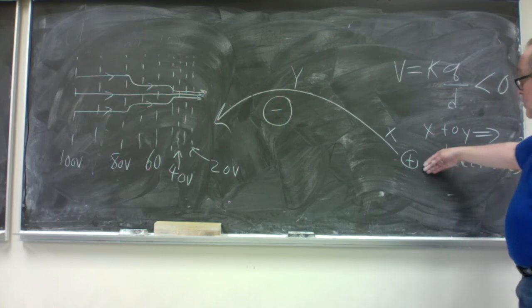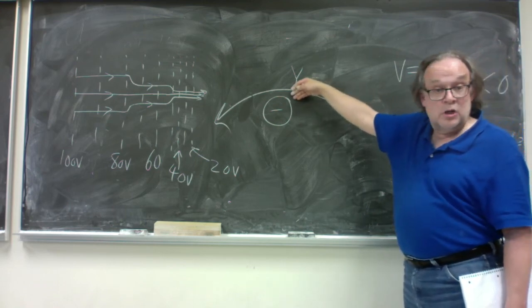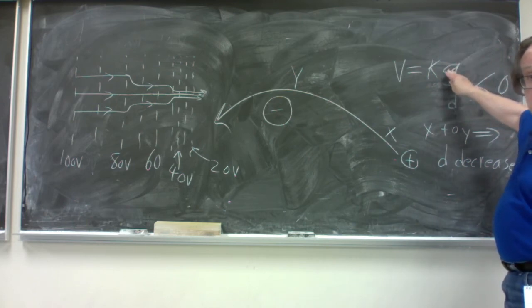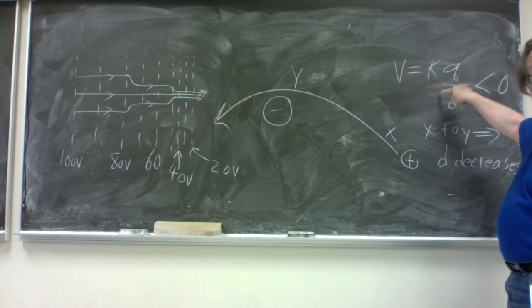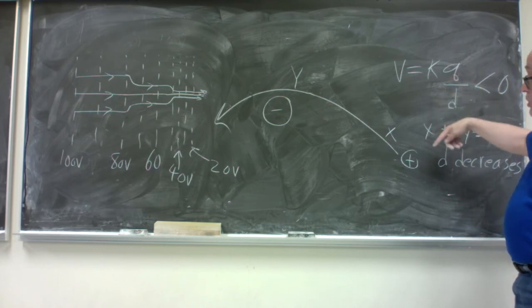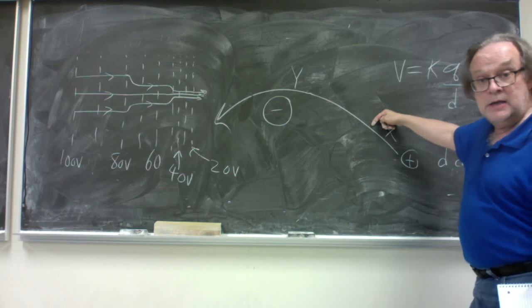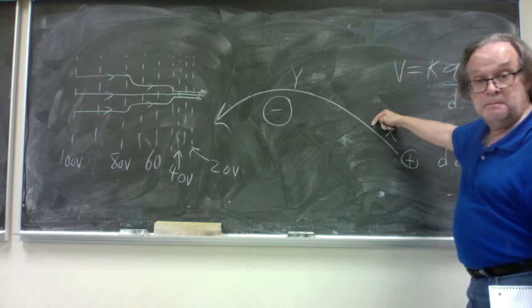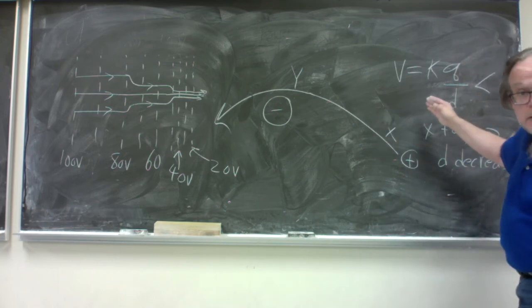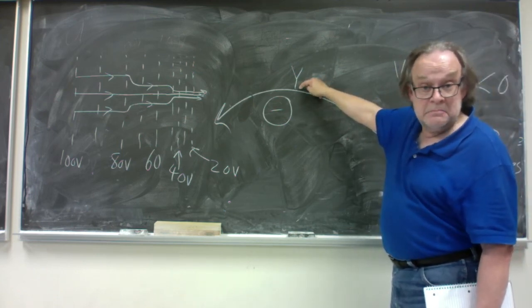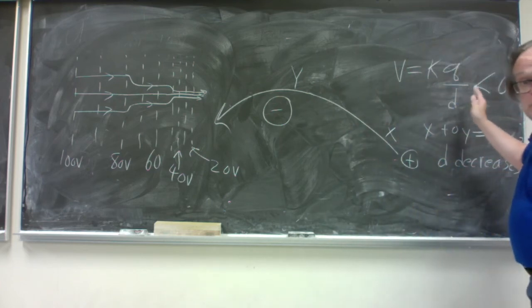And then really close, D gets really small, so the absolute value of this gets really big, but the actual number here is negative. So you might have gone from out here, where the potential might have had an absolute value of 3 and an actual value of negative 3, and then here an absolute value of 10, but an actual value of negative 10.